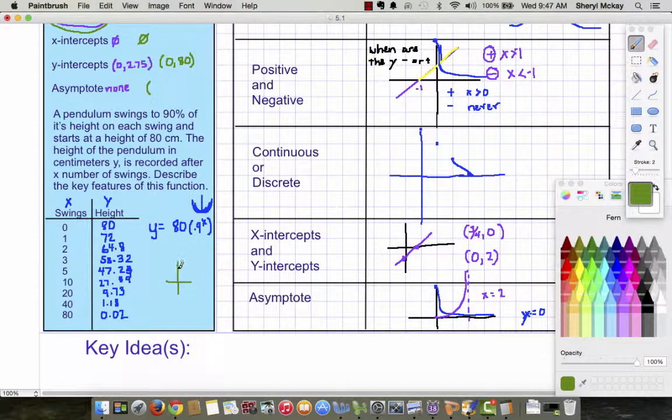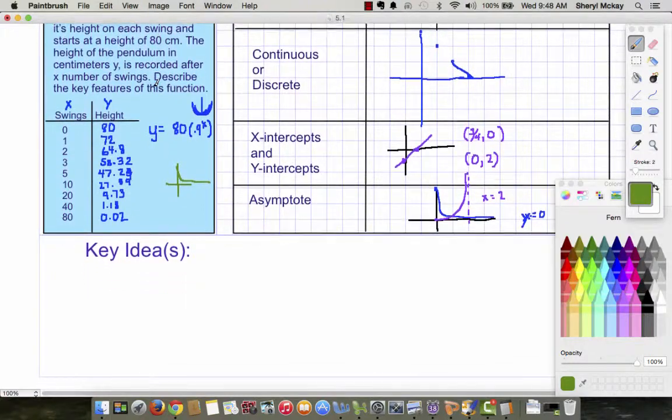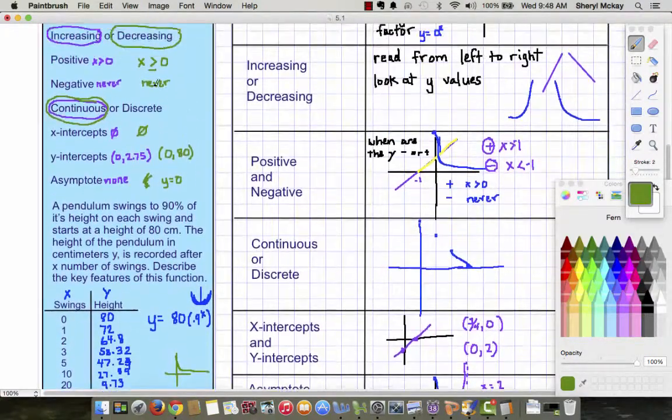It's going to start at 80 and come down and get closer and closer and closer to y equals 0, the x-axis, but it never hits it. So the asymptote is y equals 0. And that is describing functions using key features.